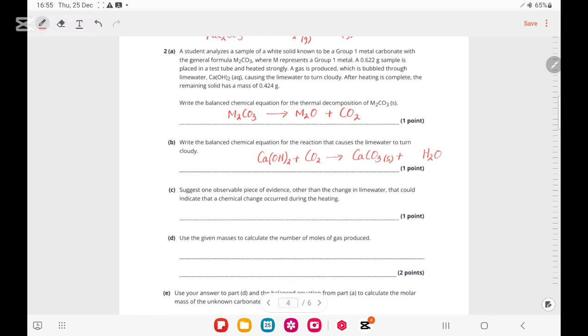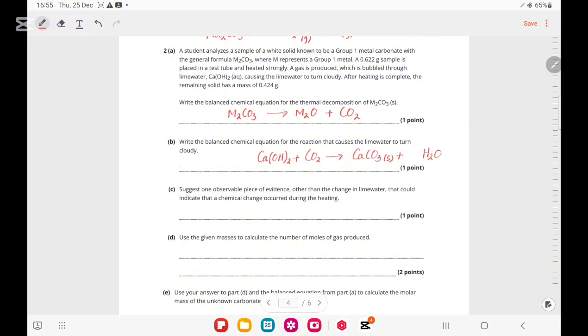Then state one observable piece of evidence, other than the change in lime water, that could indicate that a chemical change occurred during the heating. So as you know, the carbon dioxide gas would be produced out there.